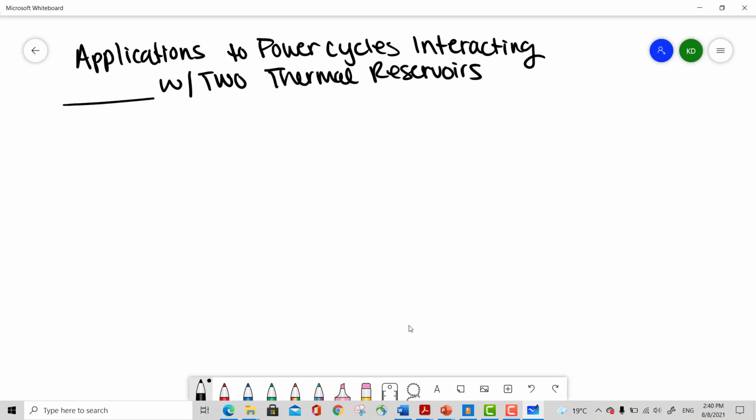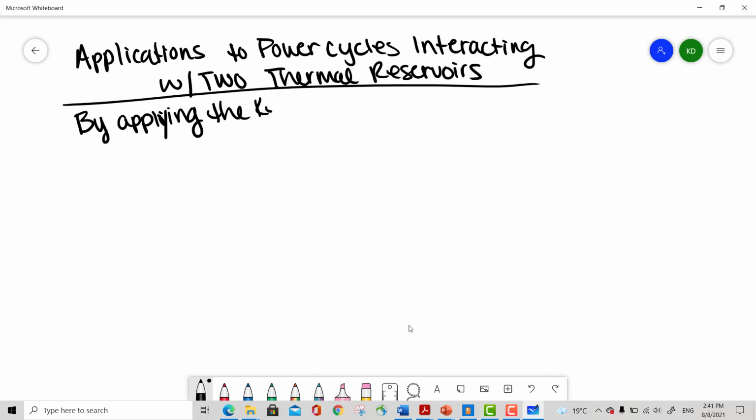Okay, and so by applying the Kelvin-Planck statement of the second law, we can draw these three conclusions.